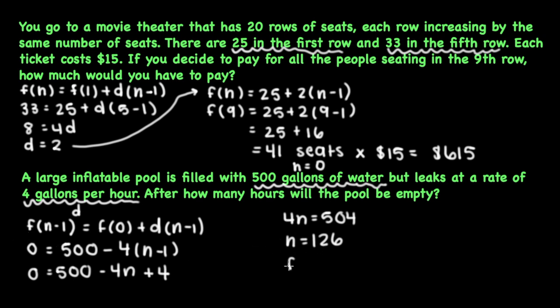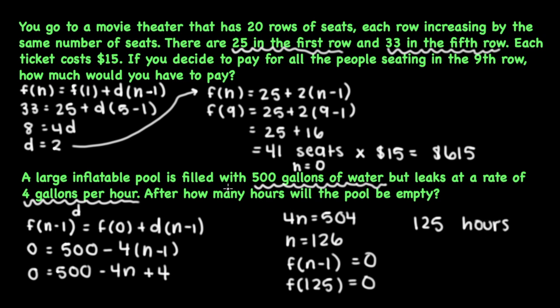So when f of n minus 1 is equal to 0, we have n is equal to 126, so f of 125 is equal to 0, which means that the pool will be empty after 125 hours. You can simply check your work by dividing 500 by 4 to get the number of hours it takes, which indeed equals 125.